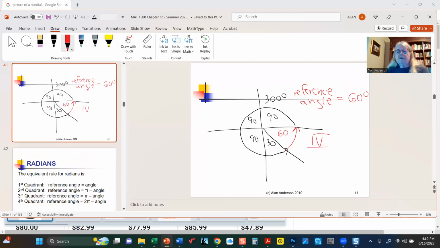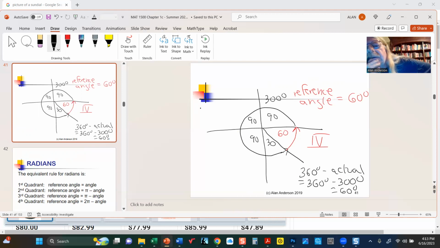In the fourth quadrant, 360 minus the actual angle. 60 as we predicted.